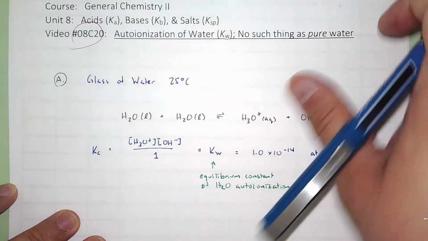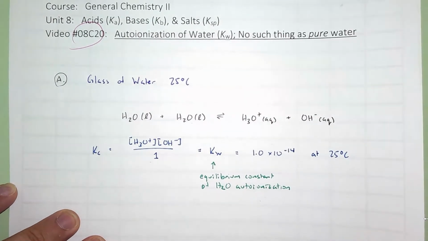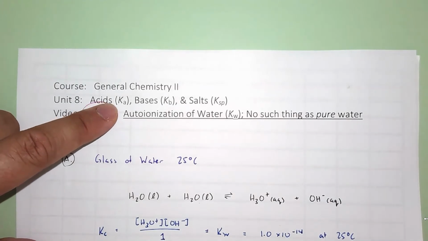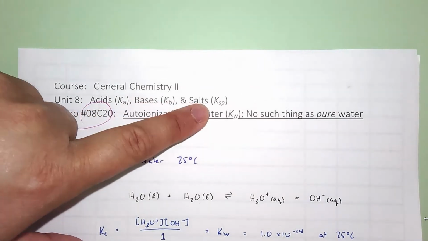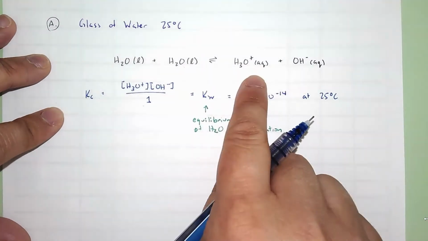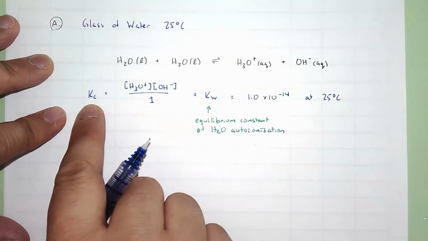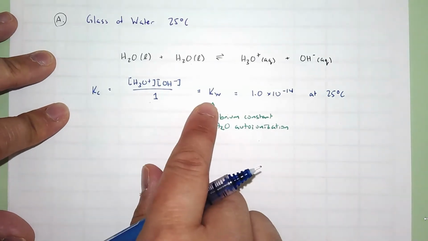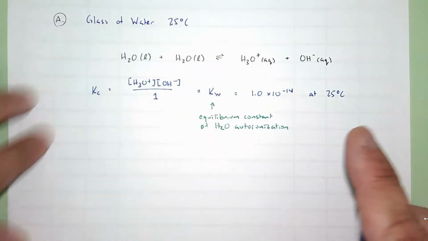All right, so don't be alarmed. We are learning a bunch of equilibrium expressions, Ka, Kb, Ksp. Here we're doing Kw, but it's all the same thing. If you could get an equation, you're just writing out the equilibrium expression, and we're just giving it a special name depending on what situation we are describing.